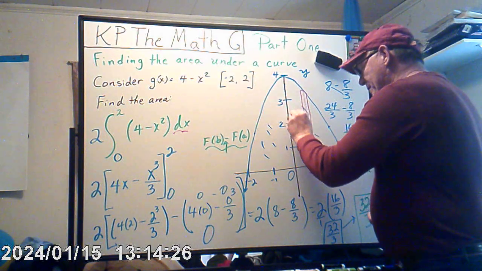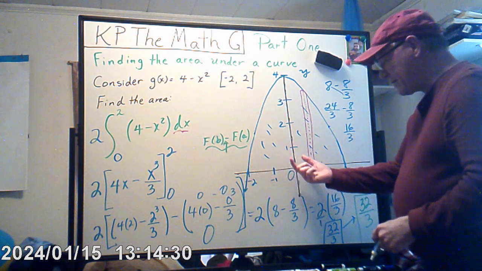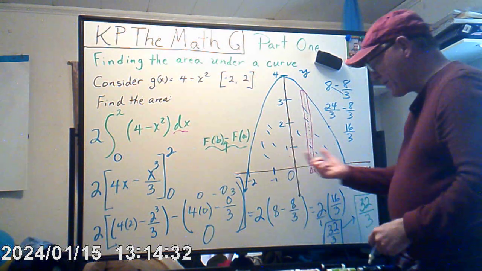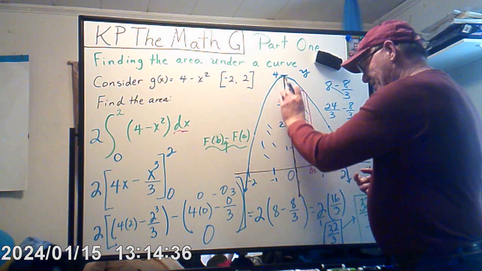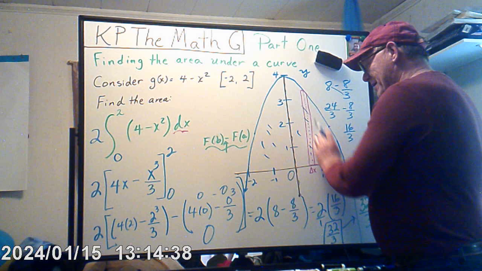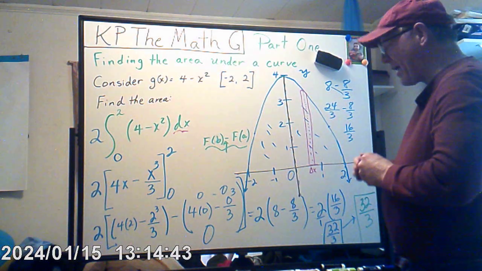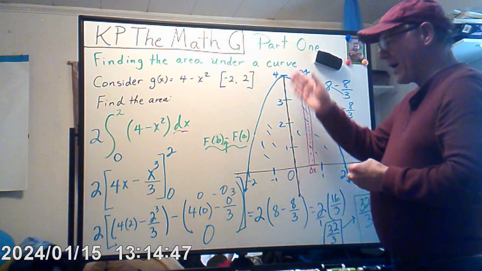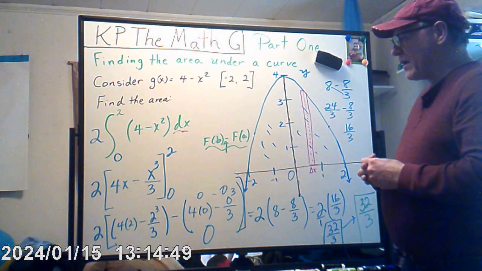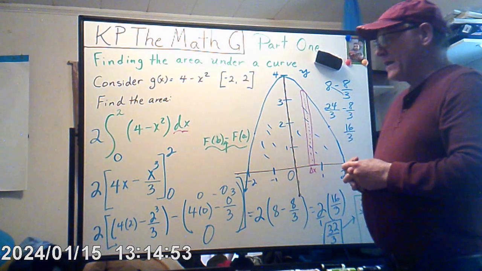And of course then, you know that it's equidistant from the axis of symmetry, meaning that the area on this side is the exact same as the area on this side of that axis of symmetry line. Okay, that's all I have for right now.